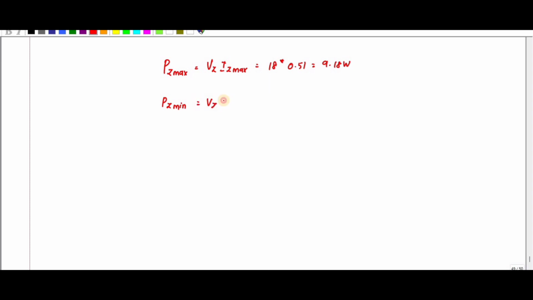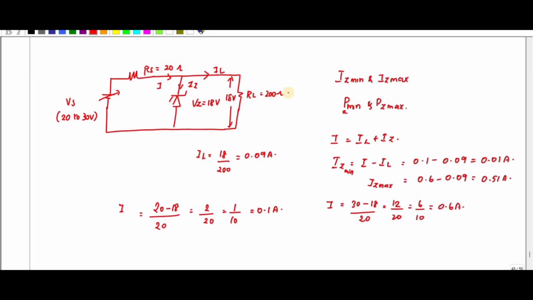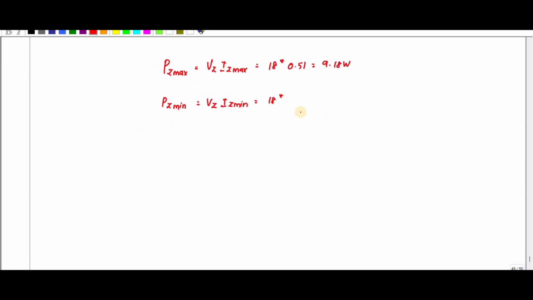If I want to find the value of PZ minimum, it is VZ into IZ minimum. That is nothing but 18 into 0.01, which is 0.18 watts.